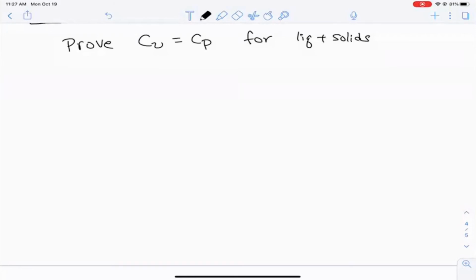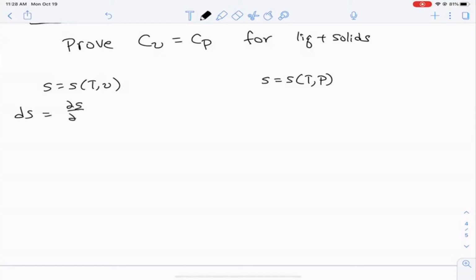I'm going to start by saying that entropy can be explained as a function of temperature and volume, or as a function of temperature and pressure. And that means I can describe the change in the entropy as dS equals (∂S/∂T) at constant V dT plus (∂S/∂V) at constant T dV.